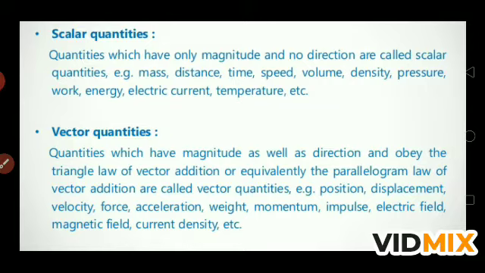For example, position, displacement, velocity, force, acceleration, weight, momentum, impulse, electric field, magnetic field, current density, etc.